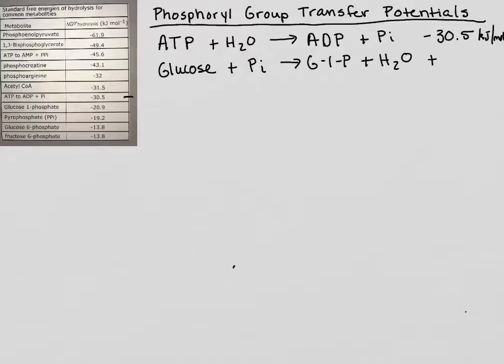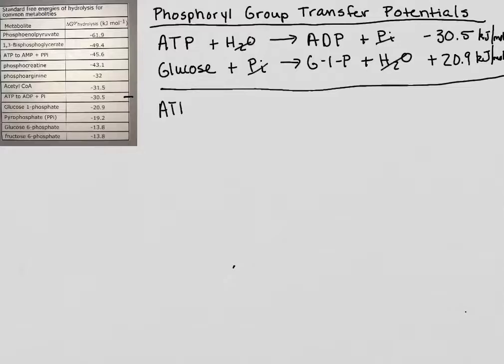So it would take 20.9 kilojoules per mole to generate glucose 1-phosphate. So for those two half reactions, we're essentially able to write the net reaction of ATP phosphorylating glucose to form glucose 1-phosphate and ADP.